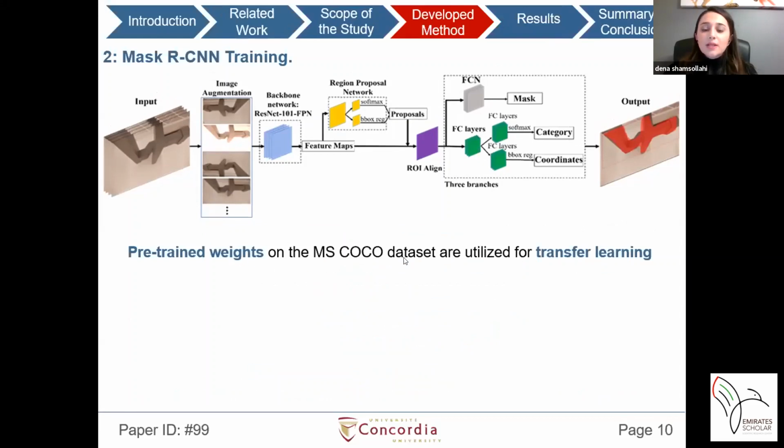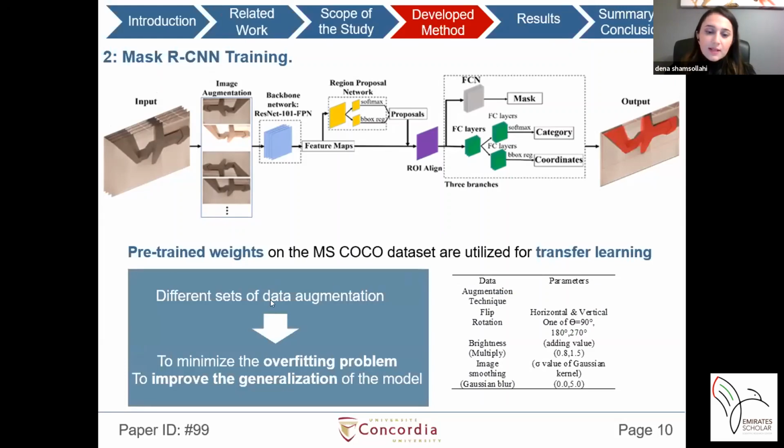Pre-trained weights on the MS COCO dataset are utilized for transfer learning, and different data augmentation techniques such as flip, rotation, brightness, and Gaussian blur were applied to minimize the overfitting problem and improve the generalization of the model. The result of this image augmentation can be seen in this image.